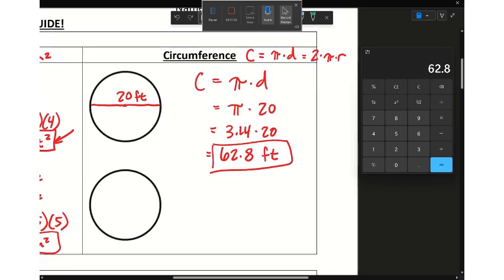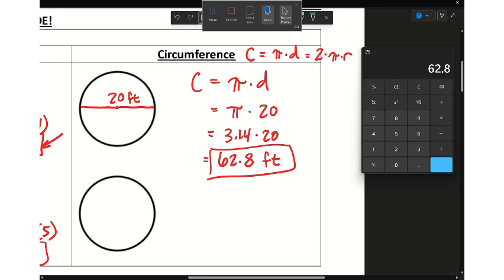Now the only other type of way that this question can be asked is if instead they give you a radius. So instead I'm going to give you that this radius here is 15 meters. Now to find the circumference for this, I can't use the diameter formula. I'm going to use the 2 times pi times r formula. So in this case, circumference is 2 times pi times radius. And since I have the radius and not the diameter, I'm going to plug it into my formula now.